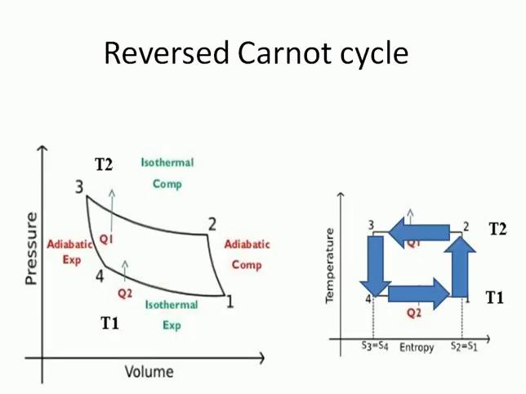Before going on, what is the heat pump? A heat pump is the device which pumps the heat from low temperature to high temperature. If I take an example of Solapur, the atmospheric temperature generally is in the range of 30 to 45. But for human comfort, we require a temperature somewhere between 20 to 25.